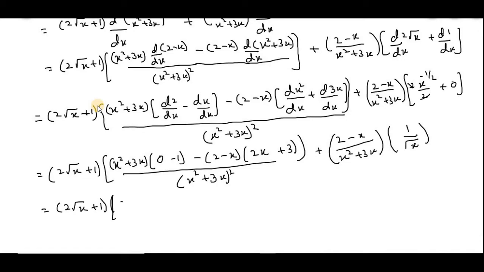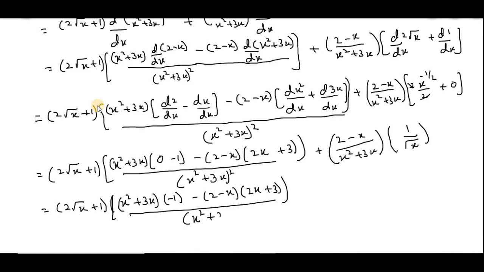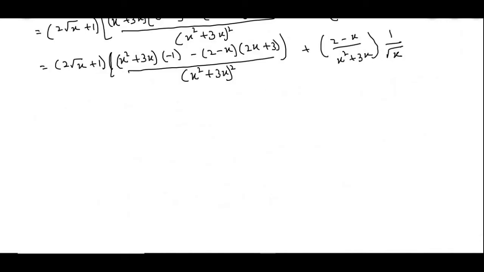2 under root x plus 1, x square plus 3x, minus 1, minus 2 minus x, 2x plus 3, whole divided by x square plus 3x whole square, plus 2 minus x over x square plus 3x, 1 over under root x.